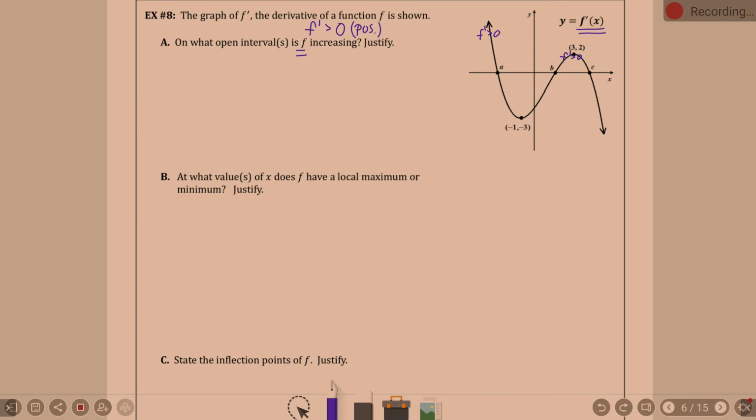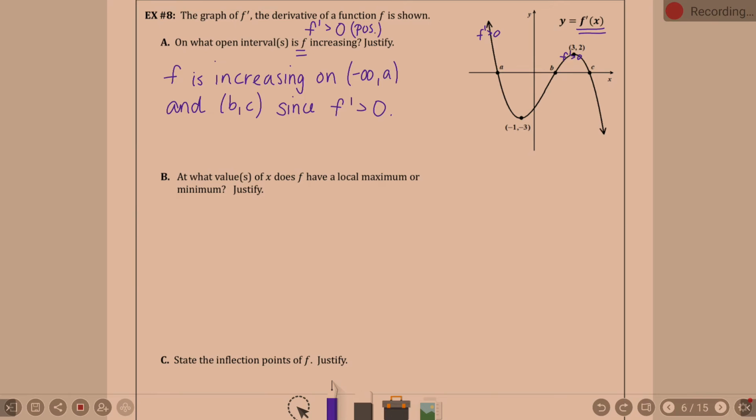So we can say f is increasing on -infinity to a and b to c. And why is that? Because the first derivative is greater than 0, aka positive. Okay.